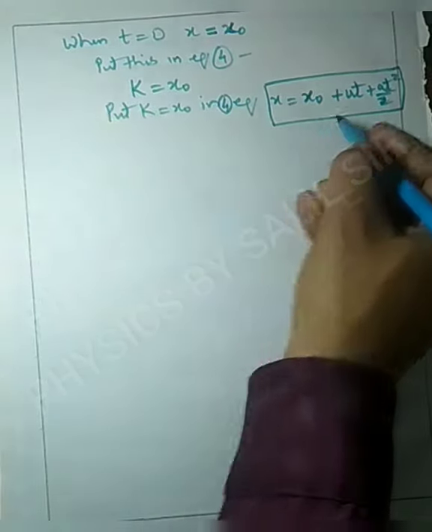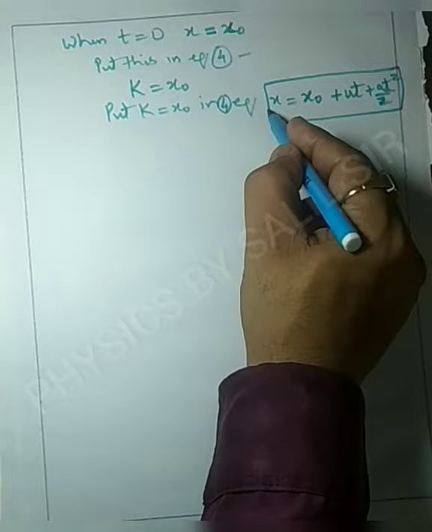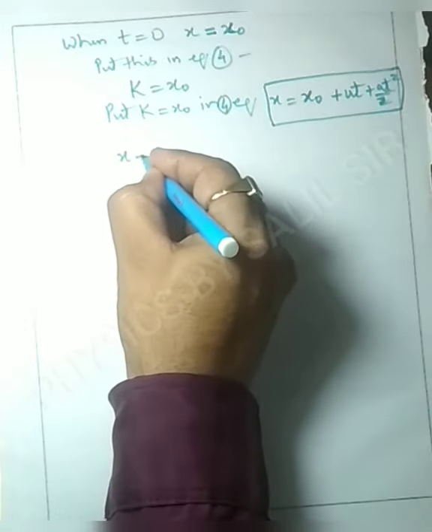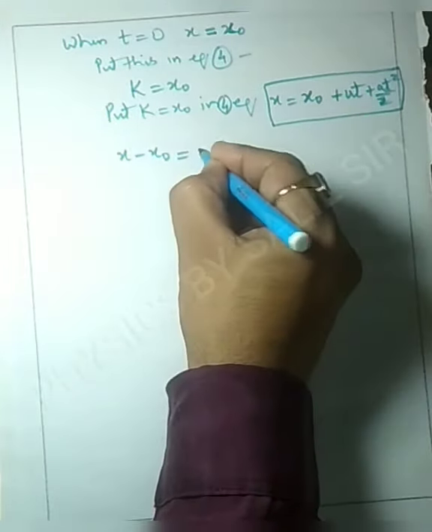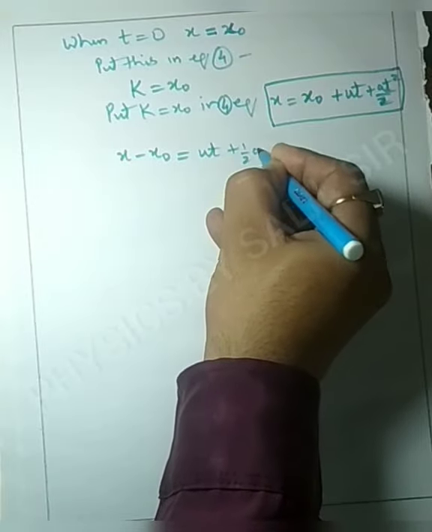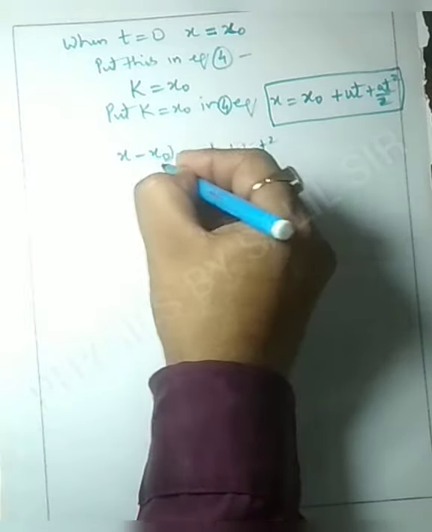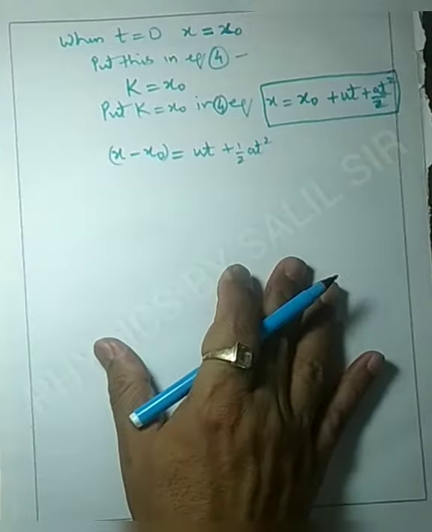So when we take x naught to the left hand side, we will get x minus x naught is equal to ut plus half at square. This should be in brackets.